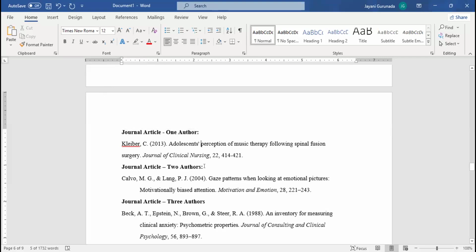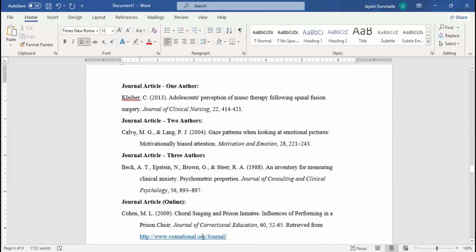Next one, journal article, 2 authors. When there are 2 authors in the journal article, look here. Surname, Calvo, comma, M.G., comma, this is one author. And the second author, Lang, comma, P.J., then the year, full stop, then the title of the topic.